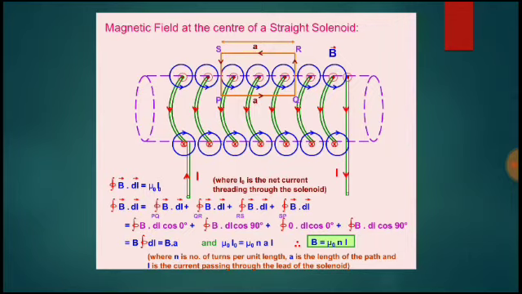So I am taking this rectangle area. See the sides of this rectangle. We start from P to Q, Q to R, R to S, and S to P. So four sides: PQ, QR, RS, and SP.